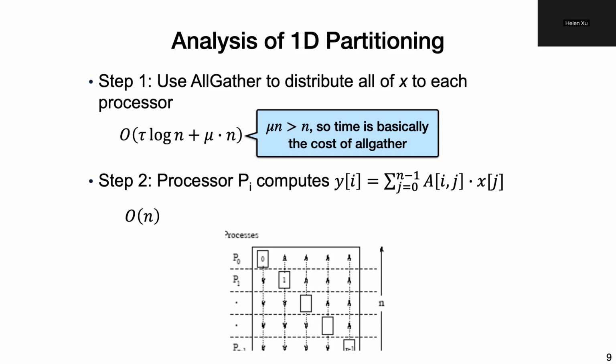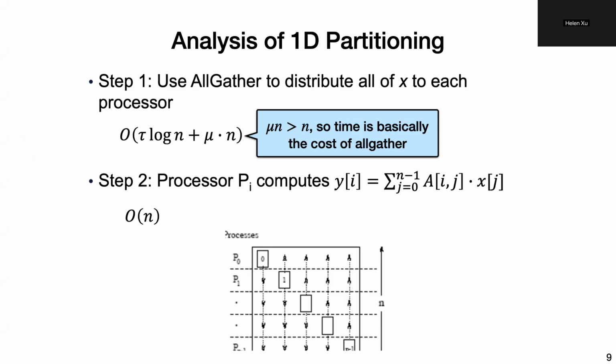And so once you have the vector X on each processor, everybody can serially compute the dot product. They all compute the dot products in parallel, but on one processor, you sequentially compute one dot product. And that will take time n, because the dot product has length n.